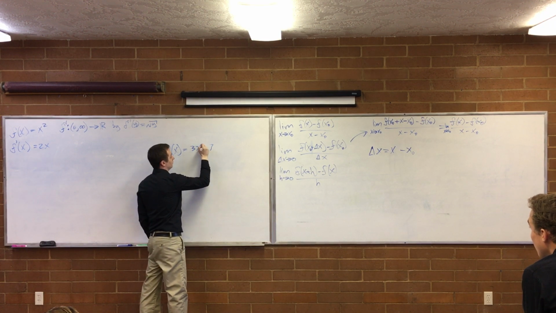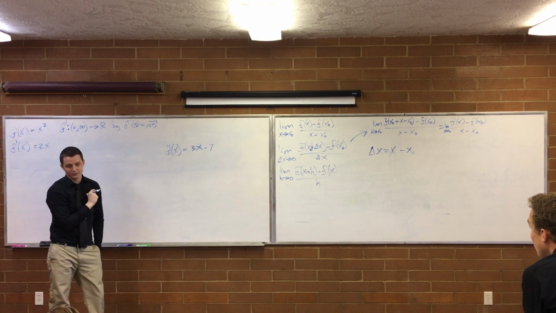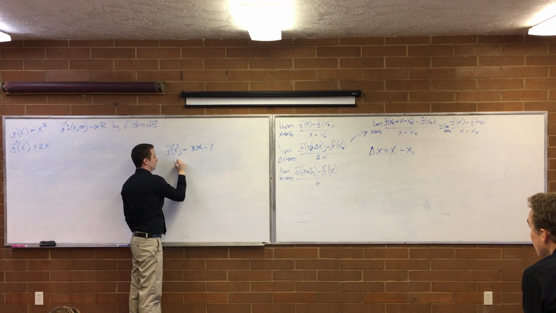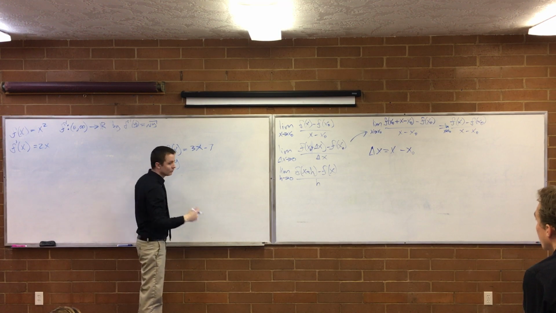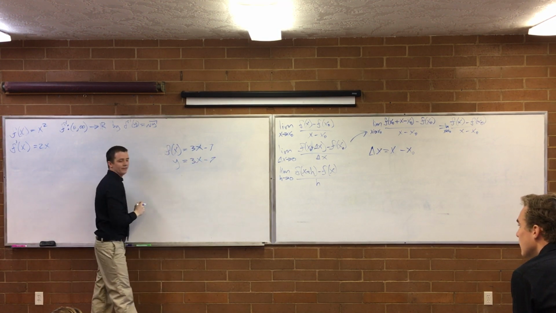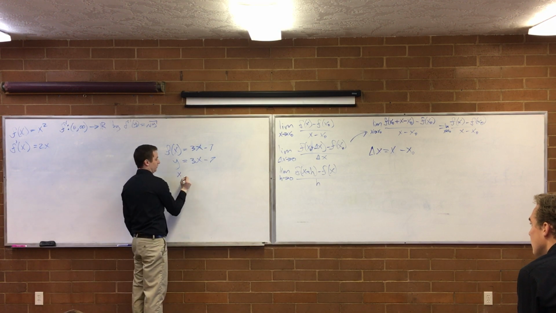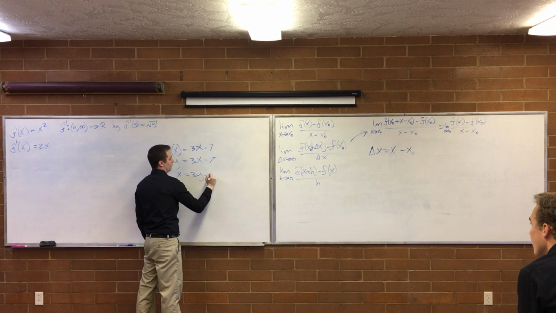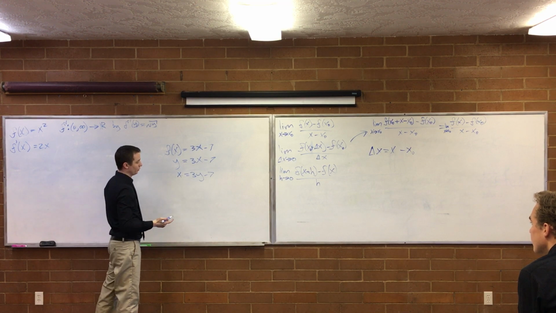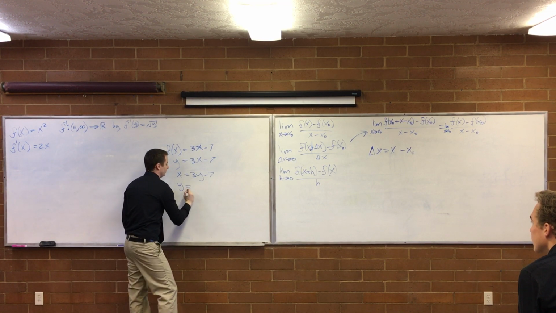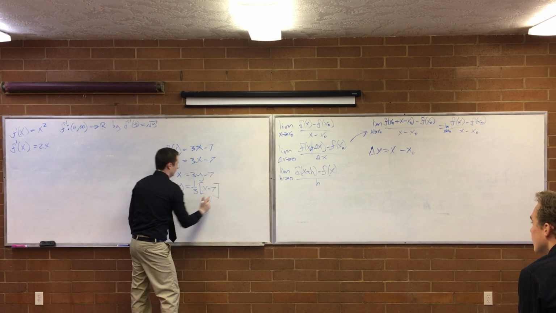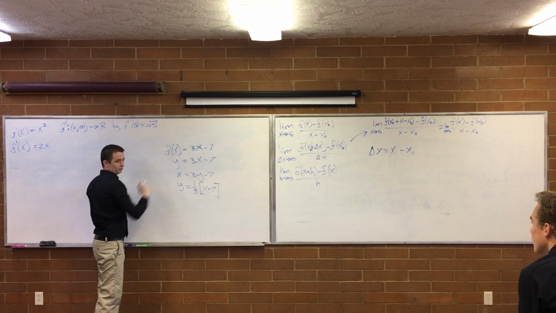What's the inverse function of that? Well, first you rewrite it in terms of x and y, and then flip your x's and your y's. So you have x is equal to 3y minus 7. So here's where we're getting our inverse function. Now write it in terms of y. And now y is equal to 1/3 x minus 7/3. This is the inverse function of this.